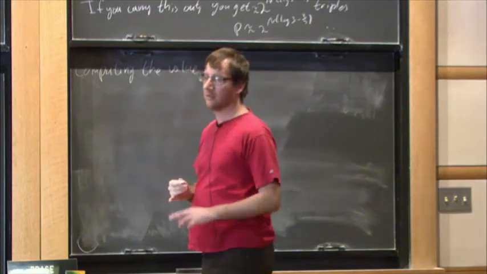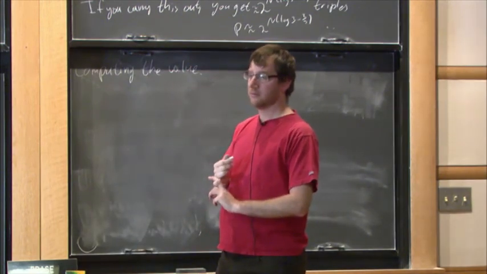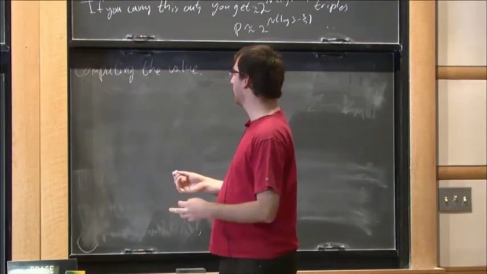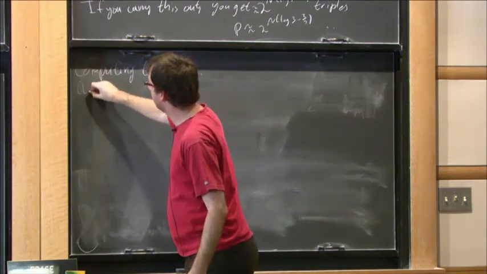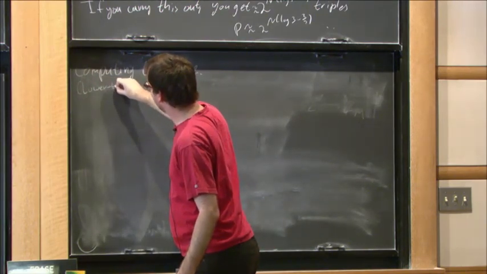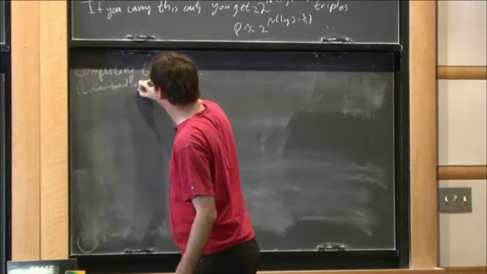Is it computing the value or just putting a lower bound on it? In general, it's lower bounding the value. But in some cases, you can actually get the actual value because you also have an upper bound.